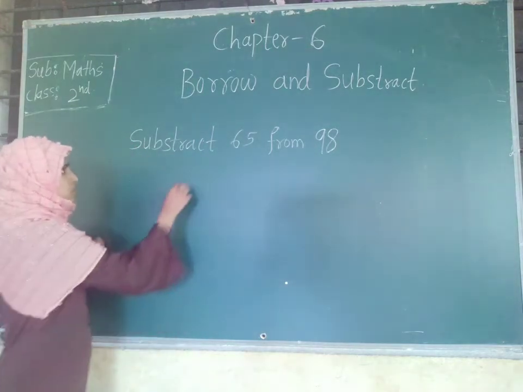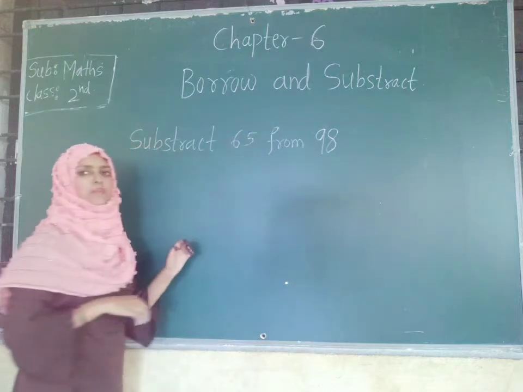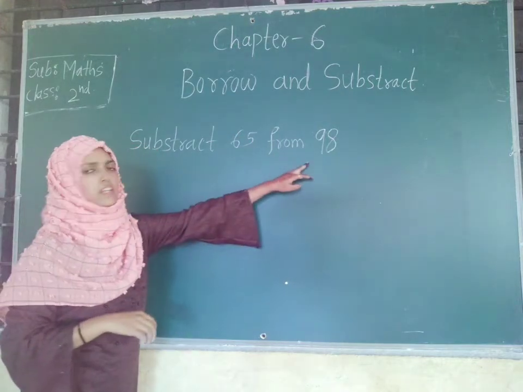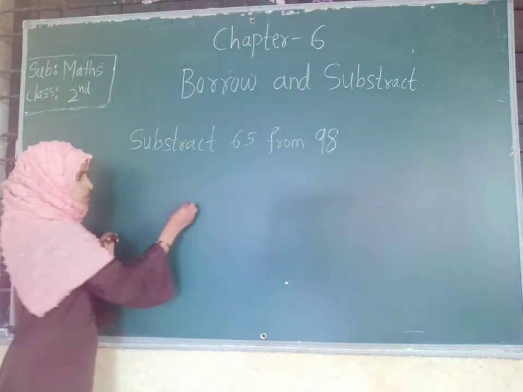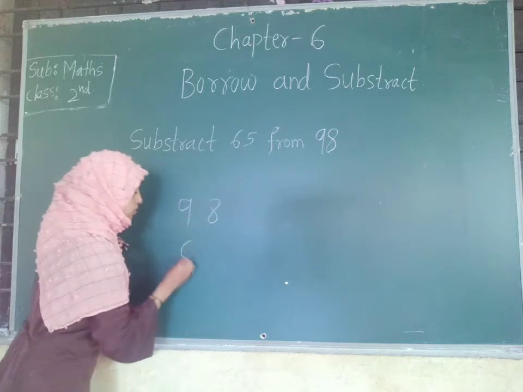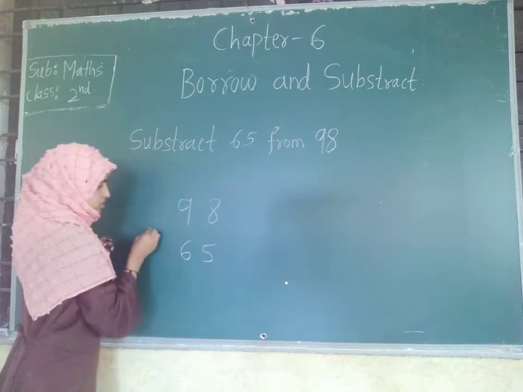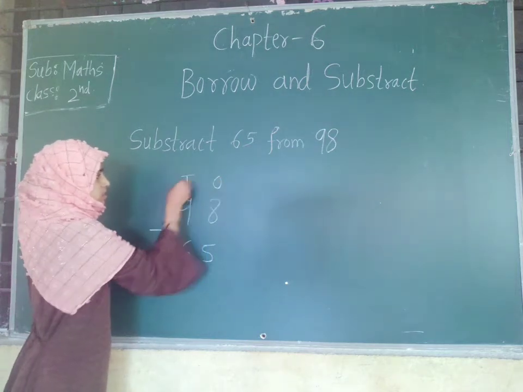See here, in between these two numbers 65 and 98, which is the bigger number? 98. So we need to write this 98 at the top. Next 65. So this is the sign of subtraction. This is ones place. This is tens place.